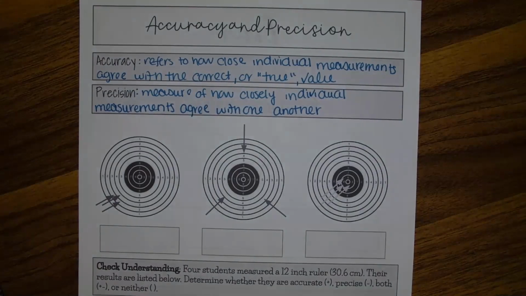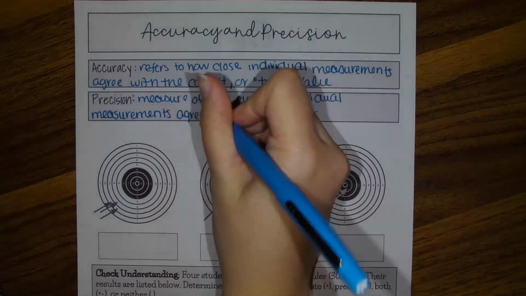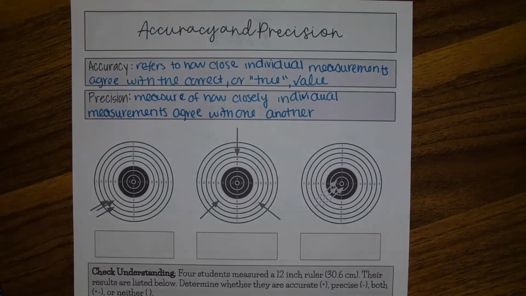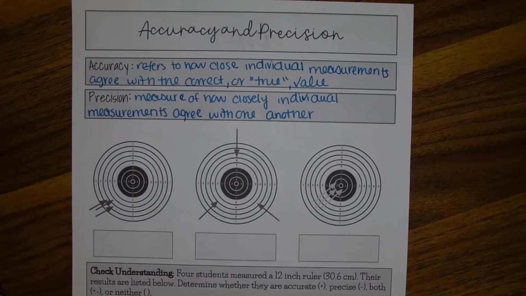So essentially, you can be precise and not be accurate, because instead of getting that 30.6 that you're looking for, you could get 25.1, 25.2, 25.3. You would be precise because you're really close in all of your measurements, but you're not accurate because you're nowhere near where you're supposed to be. So accuracy tells how close we are to our correct value, whereas precision tells us how closely those measurements are to one another.